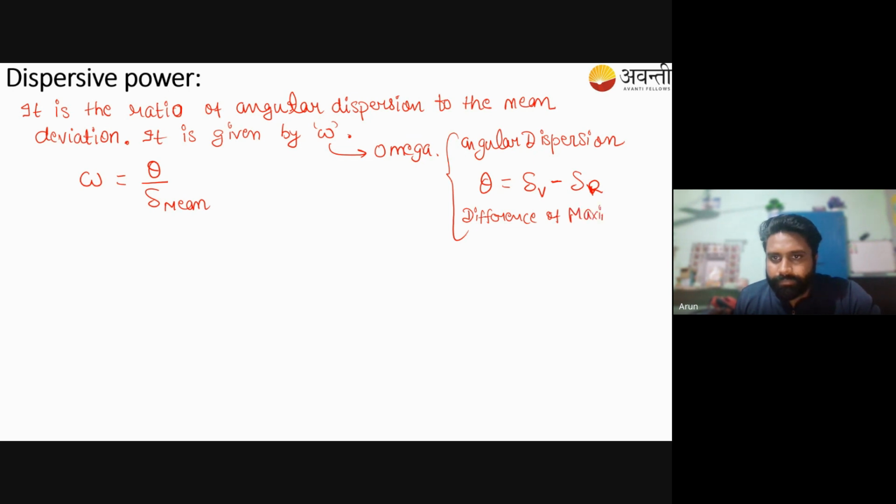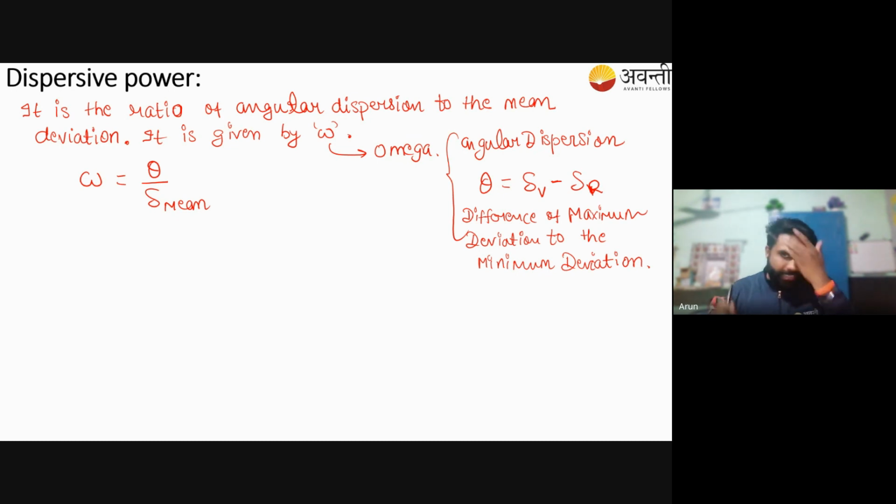And from the formula we know that the maximum deviation is caused by violet color because it has the lesser wavelength, and minimum deviation is caused by red color because it has the longest wavelength.